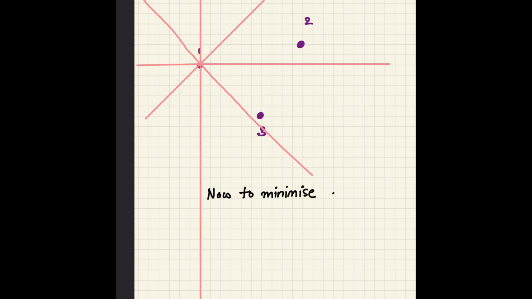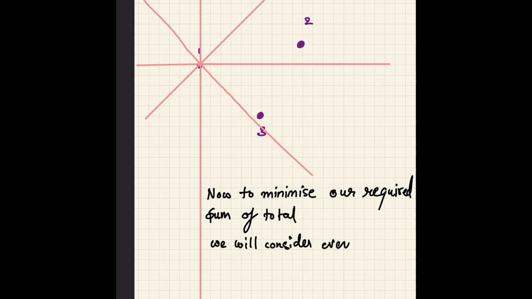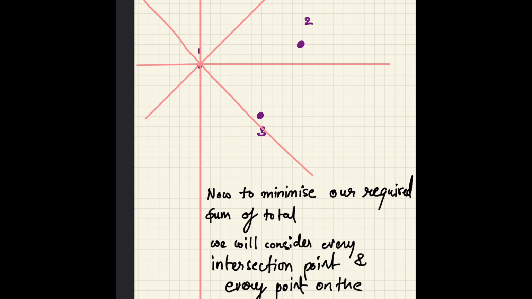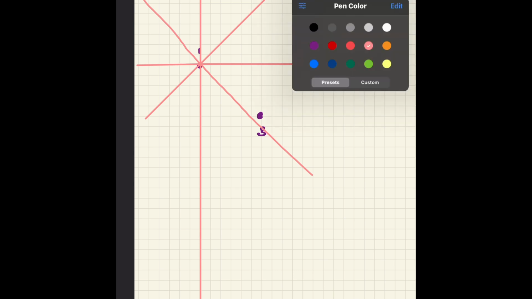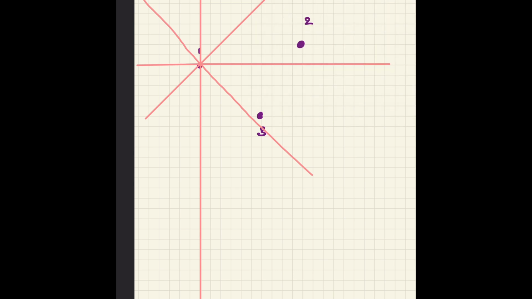Now we can see, to minimize our required number of steps for merging all the given points to our point, we consider the intersection points pairwise, like every intersection point of those lines passing through each and every given point on the plane, like 1, 2, 3 are given.